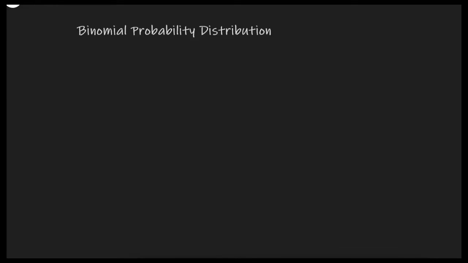In binomial probability distribution, there are 4 conditions. Let's list them one by one. Number 1, there should be a probability of a success and failure only. There should not be a third option.